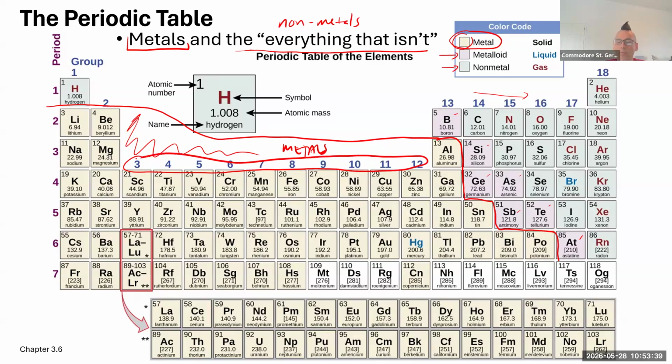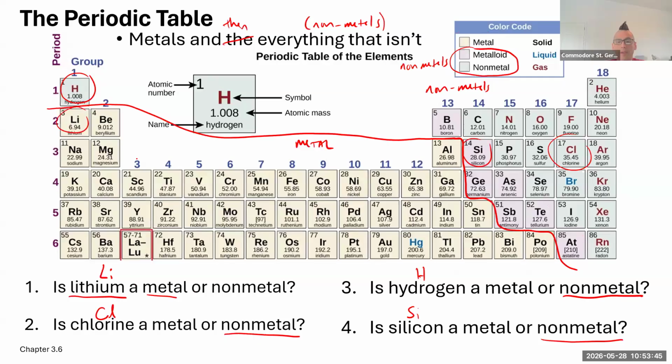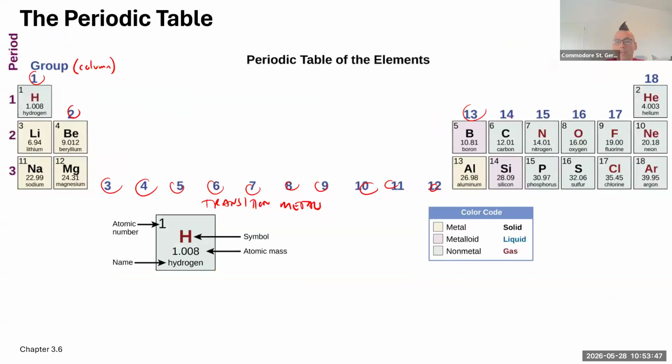Before there used to be Roman numerals and A's and B's, but now we just call the groups or the columns 1 through 18. All right, and then 13, 14, 15, 16. Again, these are the halogens, noble gases, whatnot. All right, the periods are the rows of the periodic table.